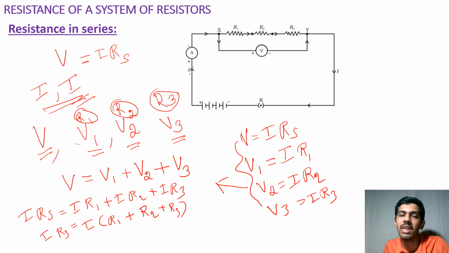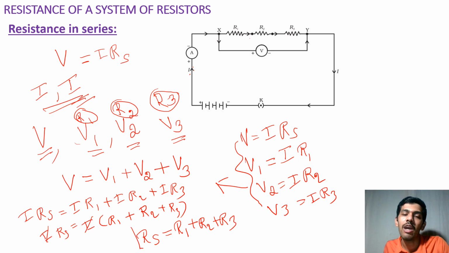I is common in all the three terms, that is why I have taken it outside. Now I and I get cancelled. So what is remaining finally? Rs, the effective resistance of the series combination, is equal to R1 plus R2 plus R3.